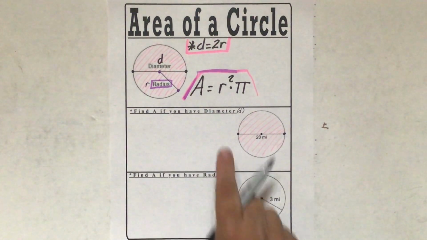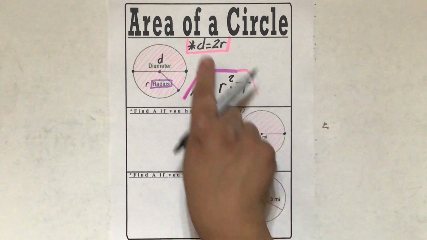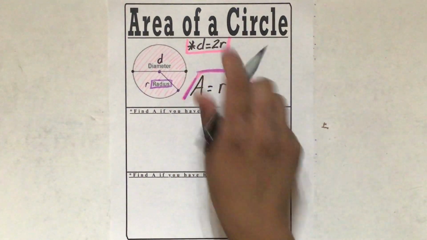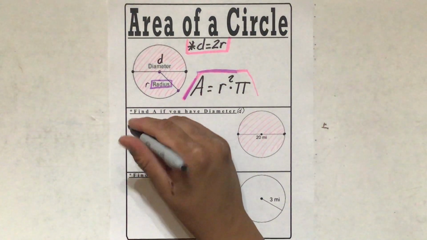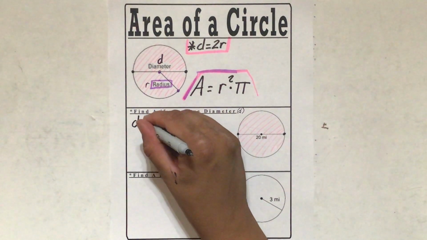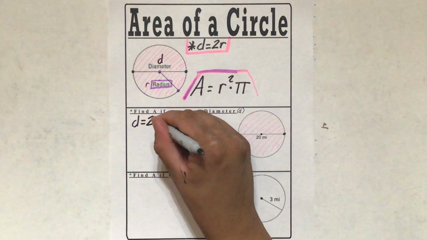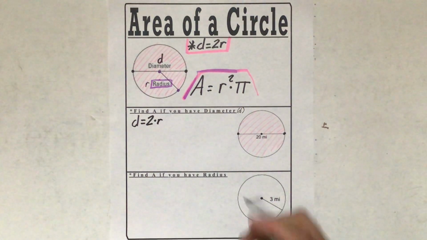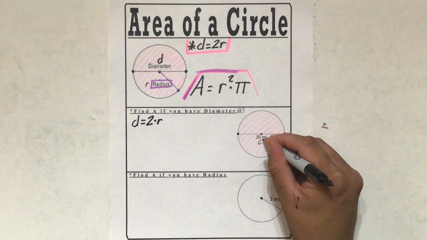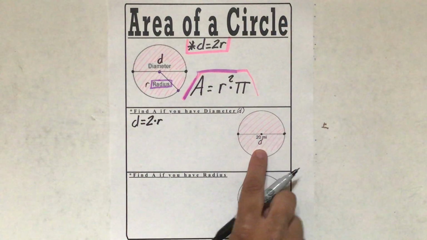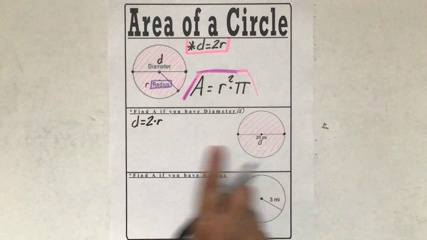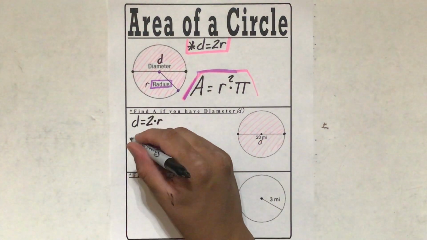Okay, so since we have D here, we have to use the D formula, the distance formula. So we write D is equal to 2 times R. So we know that this is D, the distance. So I simply plug in D. D is 20.